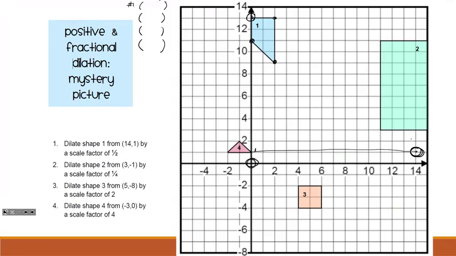So this is back 14, up 13. Because if you get to here, back 14, 1, 2, 3, 4, 5, 6, 7, 8, 9, 10, 11, 12. Excuse me, because I can't count. This should be a 12. So let's change that. I'm glad I recounted that. So that's going to be a 12.